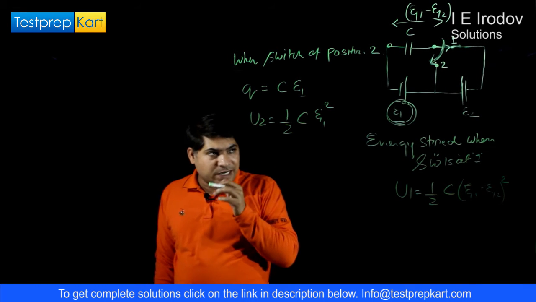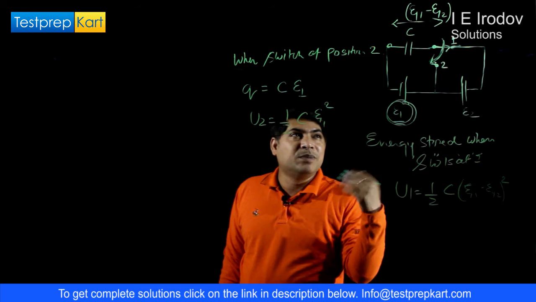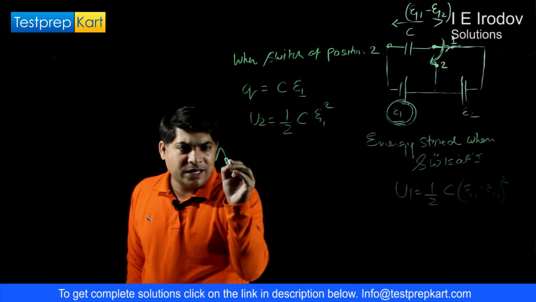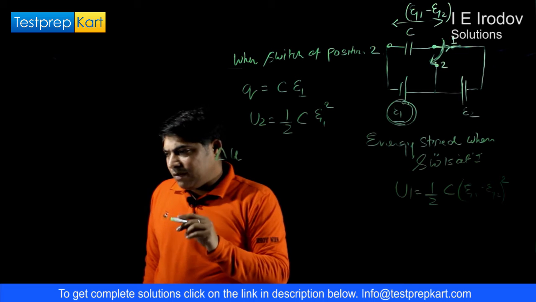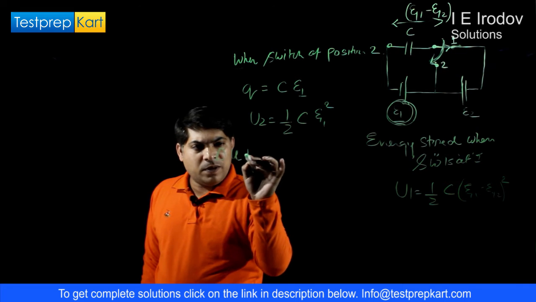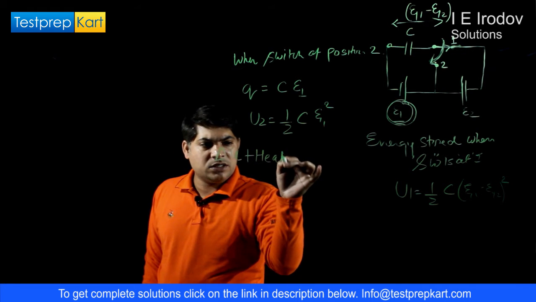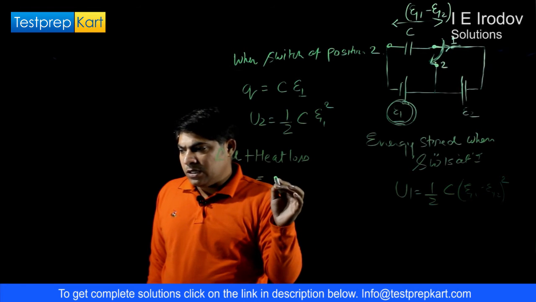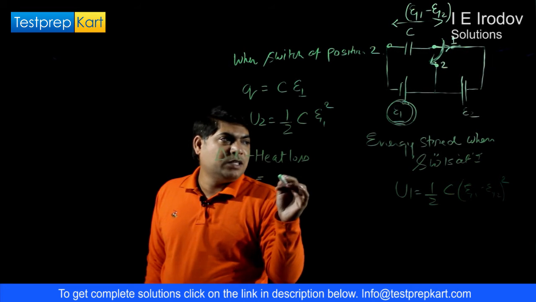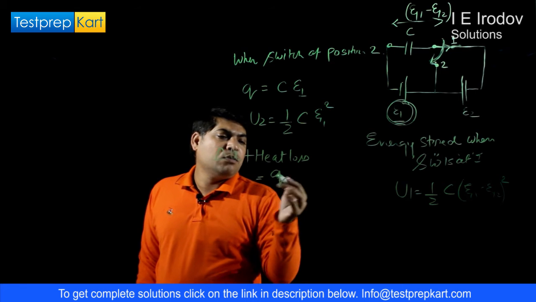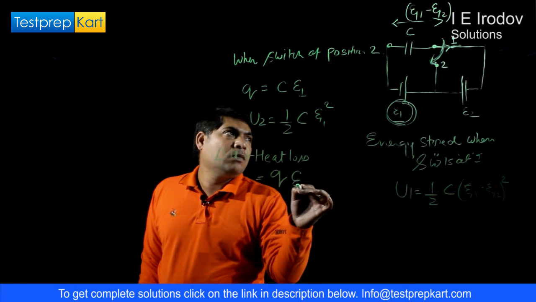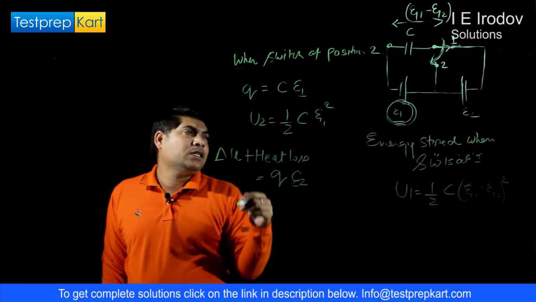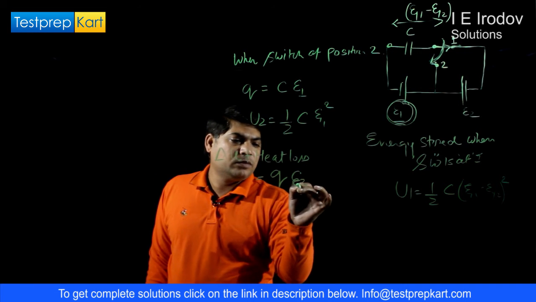So here we need to check how much heat is liberated when this switch position is changed. We can write that the change in potential energy plus heat loss must be equal to the energy of this cell. The energy of this cell is Q into E2, right? What change is taking place? Q into E2.